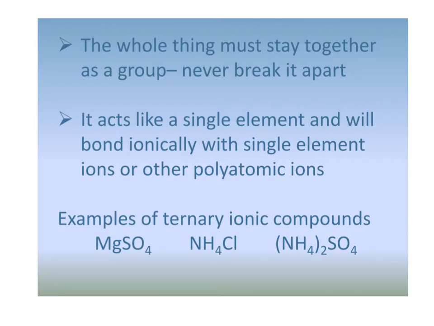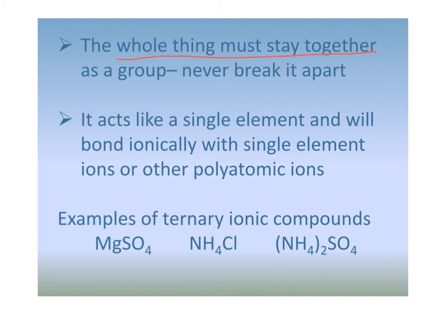The key thing with a polyatomic is the whole thing must stay together as a unit. They do not break apart. So we have to add them in whole units, and these things act like single element ions. And they will bond ionically with other single element ions of opposite charge or a polyatomic of opposite charge.